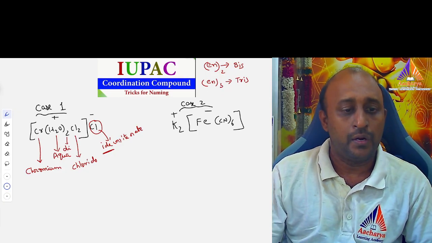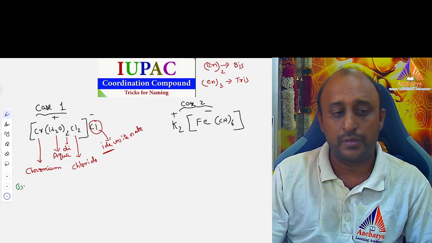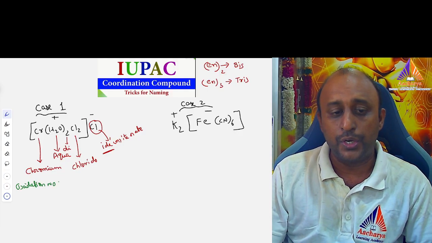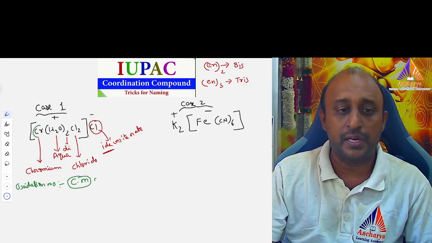Now the next most important thing: the oxidation number. You need to assign the oxidation number to the central metal atom. Who is the central metal atom here? Cr is the central metal atom.